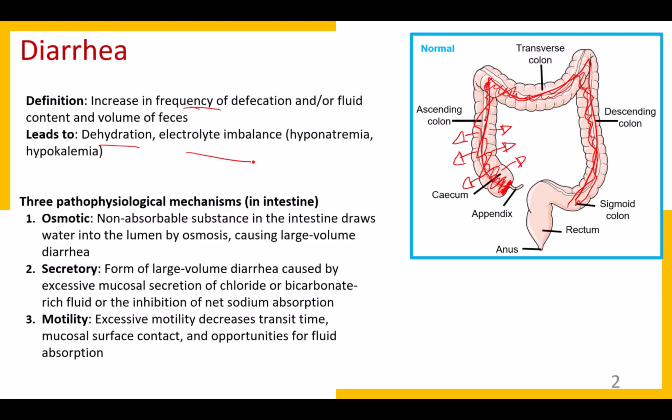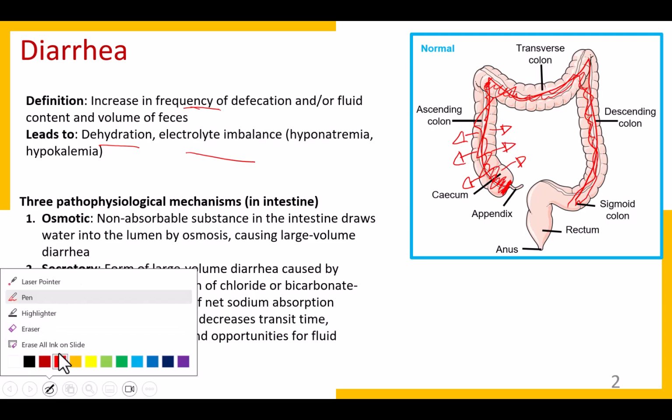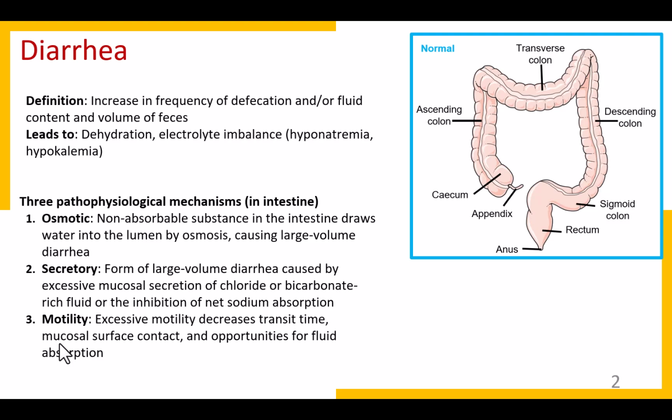So some reasons for diarrhea is that it might have an osmotic mechanism, in that there is contents within the colon that basically draw water into it, so that instead of the water leaving the colon, the water stays in the colon. And then you have an increase in the fluid content and volume of feces.